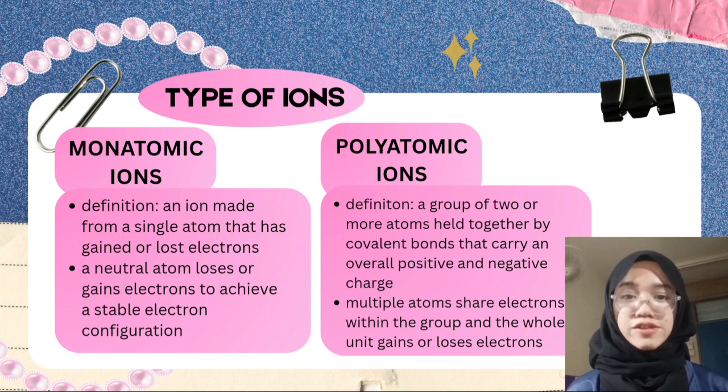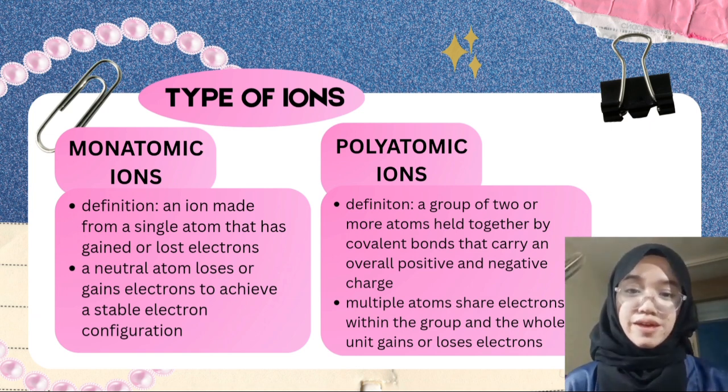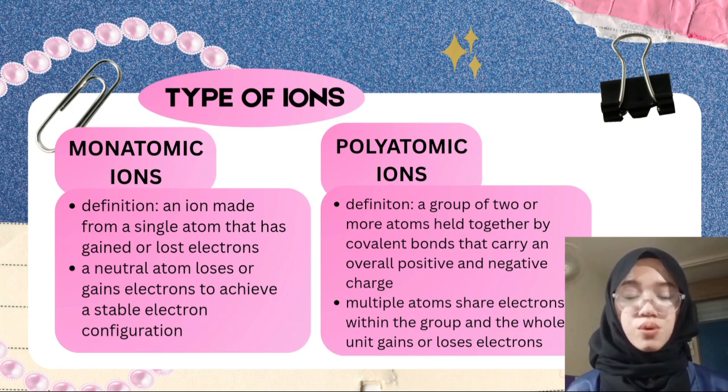A neutral atom loses or gains electrons to achieve a stable electron configuration, while a polyatomic ion is a group of two or more atoms held together by covalent bonds that carry an overall positive or negative charge. Multiple atoms share electrons within the group and the whole unit gains or loses electrons.